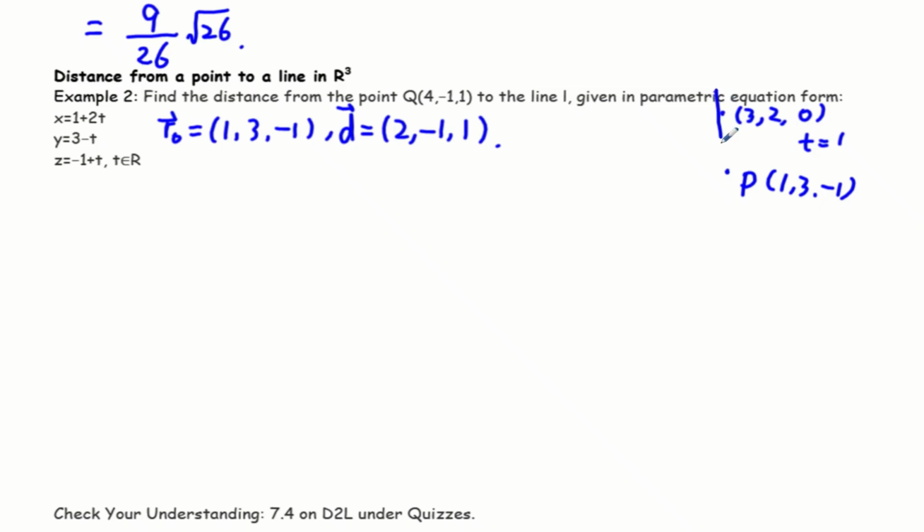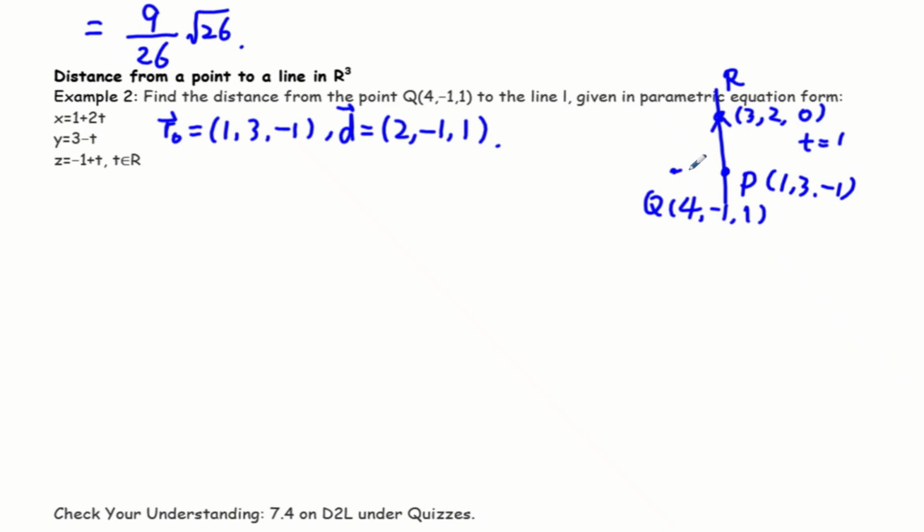So we could write this point as R. Okay, so this is point P, point R, and also we have another point, Q. It's not in scale. 4, negative 1, positive 1.